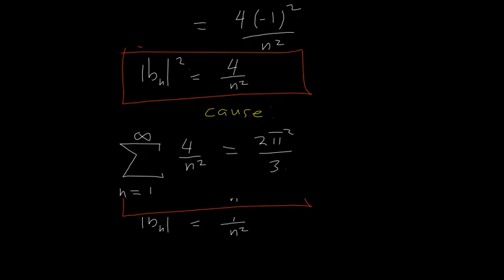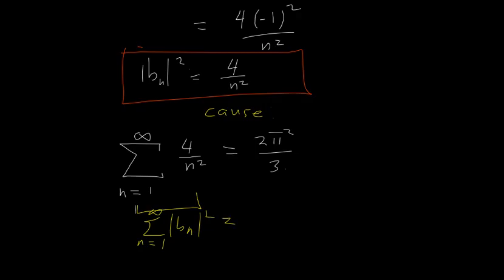Obviously, this is the left-hand side of Parseval, the sum n equals 1 to infinity of b sub n all squared. And this is equivalent to the right-hand side, the 1 over pi integrated from minus pi to pi of f of x squared dx. Parseval's identity. I'm just equating both sides.